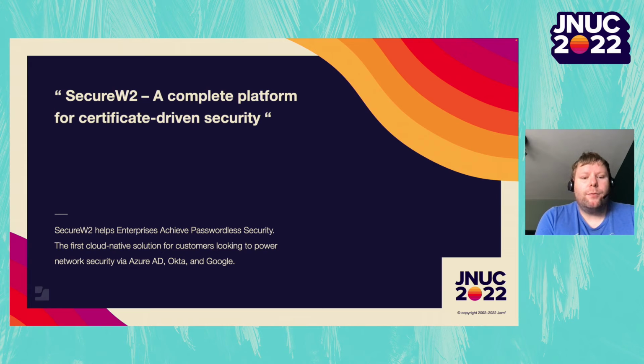So Secure W2, as I said before, it's a complete platform for certificate-driven security. That means we can use it for network, we can use it for VPN, SMIME, YubiKeys. There's a lot of use cases that we can use their platform for. It also integrates very nicely with identity providers like Azure, Okta, and Google to perform your Radius lookups if that's something that you would like to do.